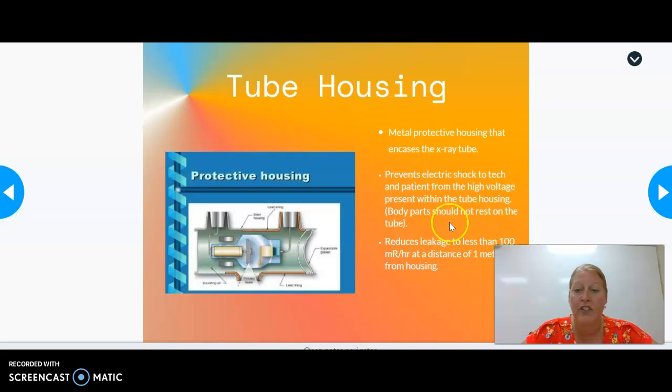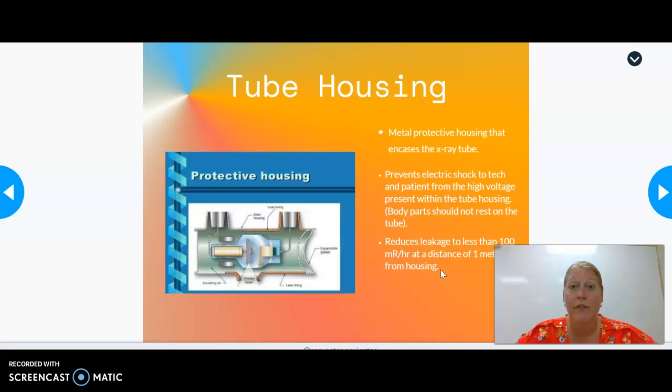This last section here, I want you to circle it, highlight it, whatever you need to do, memorize it. This is something that you will need to know for tests and your boards. The tube housing reduces leakage to less than 100 milliroentgen per hour at a distance of 1 meter from housing.